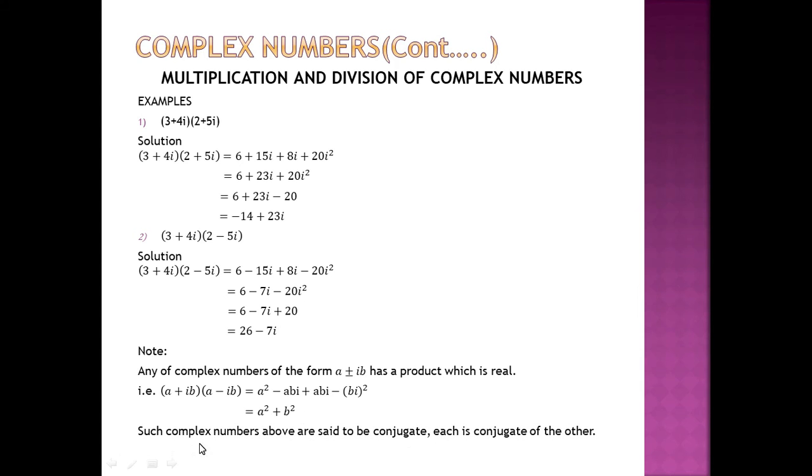That's simple. So such complex numbers above are said to be conjugates. Each is the conjugate of the other. So which means a plus ib is the conjugate of a minus ib, and vice versa is also true.